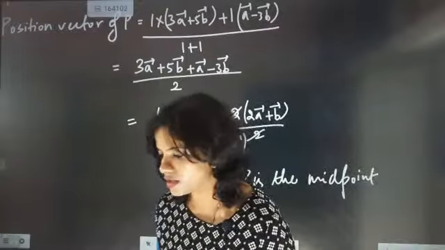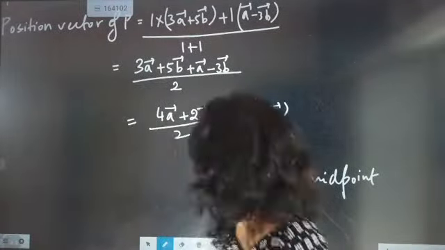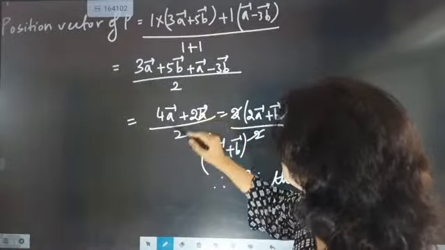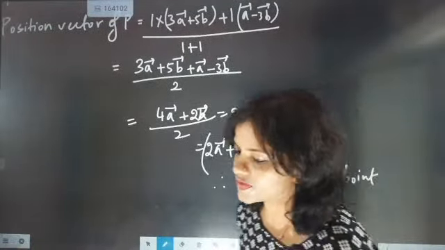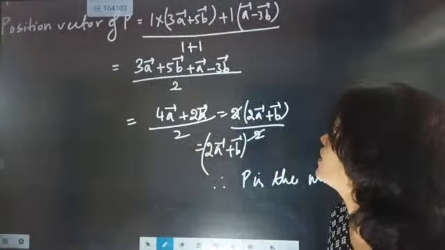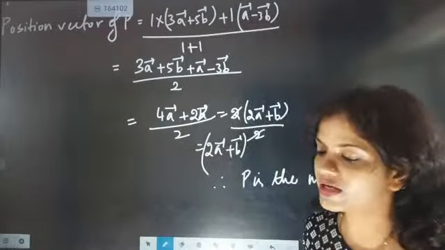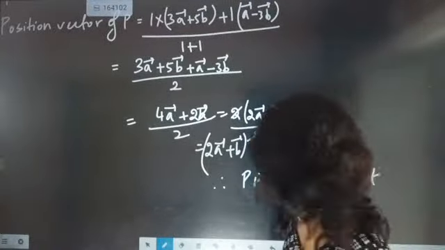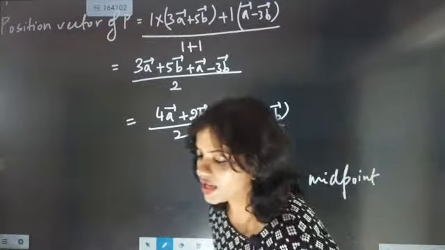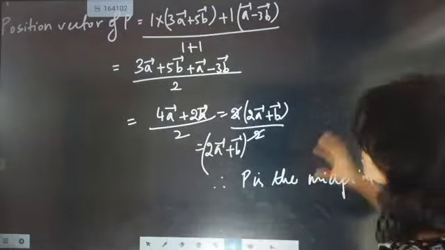Okay, it's wrong, I wrote a vector b. Now it is correct: 2a vector plus b vector. Fine. 4a vector plus 2b vector, the common 2 cancelled; 4a plus 2b, 2 taken out, 2a vector plus b vector, which is exactly the midpoint. And once you got the midpoint, story done. Everything over.